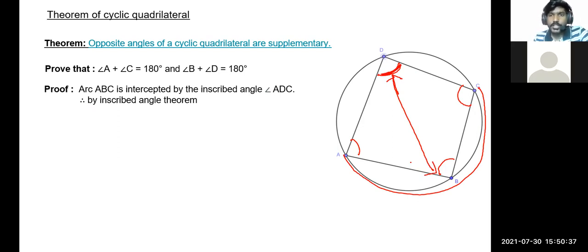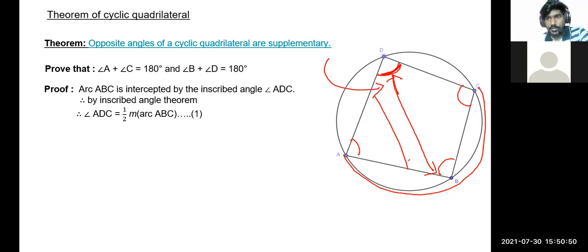So here you can use the inscribed angle theorem, which you recollect. The inscribed angle theorem says that the inscribed angle is half of the arc it intercepts. So angle ADC will be half of arc ABC, and that is numbered as equation 1. Have you understood how we got equation 1?